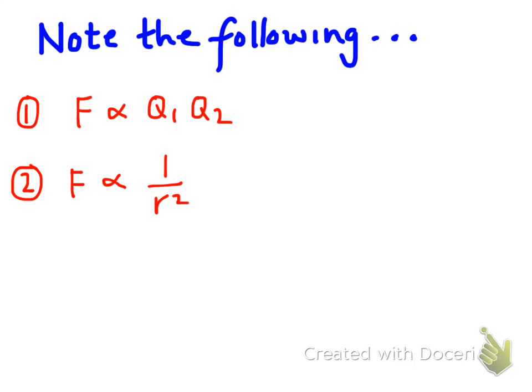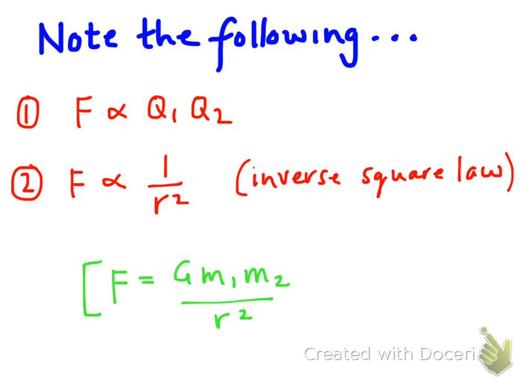The second is that the force is inversely proportional to the distance between the particles squared. And that's something that we call an inverse square law, and you'll come across them in a couple of different situations. You might remember from Newton's universal law of gravitation, that also is an inverse square law, and you can see that that formula looks very similar to the formula that we've just looked at in terms of Coulomb's law.